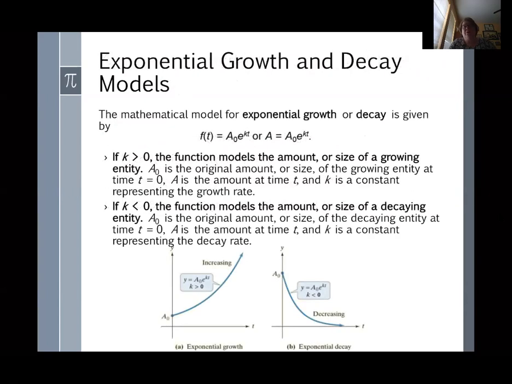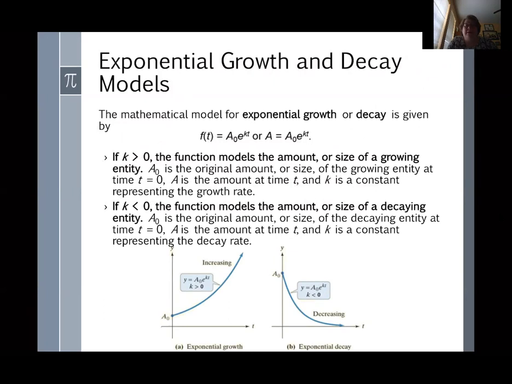Our exponential growth and decay models. The mathematical model for exponential growth or decay is given by f of t equals A sub 0 e to the kt, or A equals A sub 0 e to the kt. So instead of using f of t, we use the variable capital A to represent the amount.